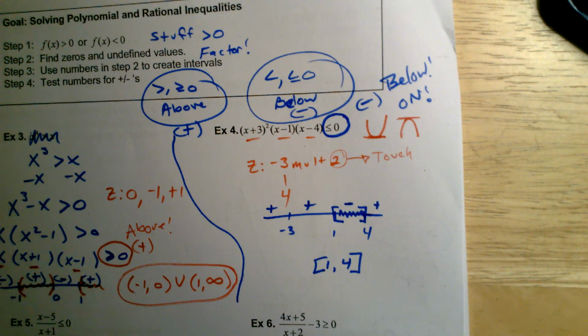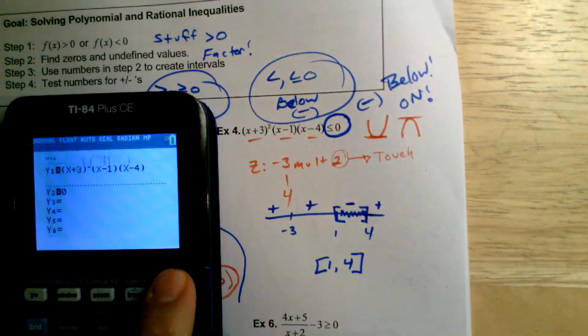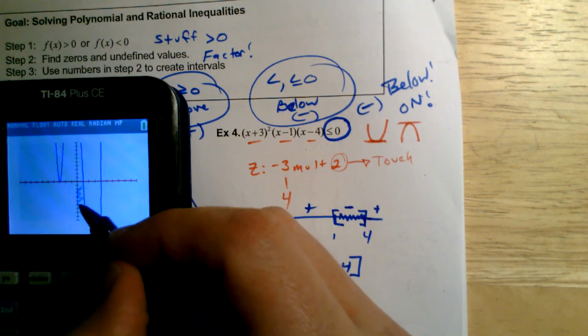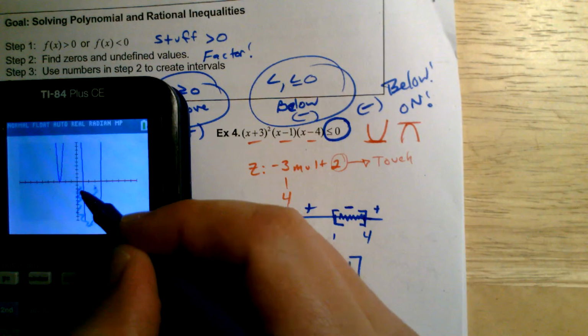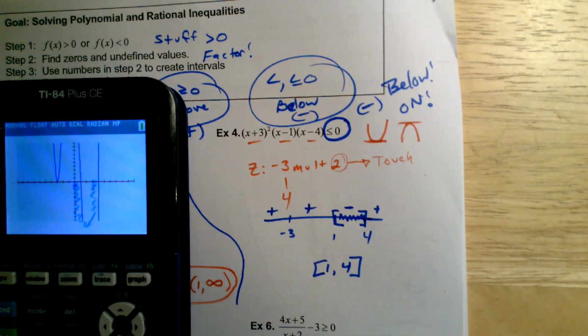We almost have it, like 99% right. Look at your graph. We got all this. That's where it's below and on, right? It's on there and there. Do you see where it's below or on the x-axis anywhere else visually? What do you guys think?